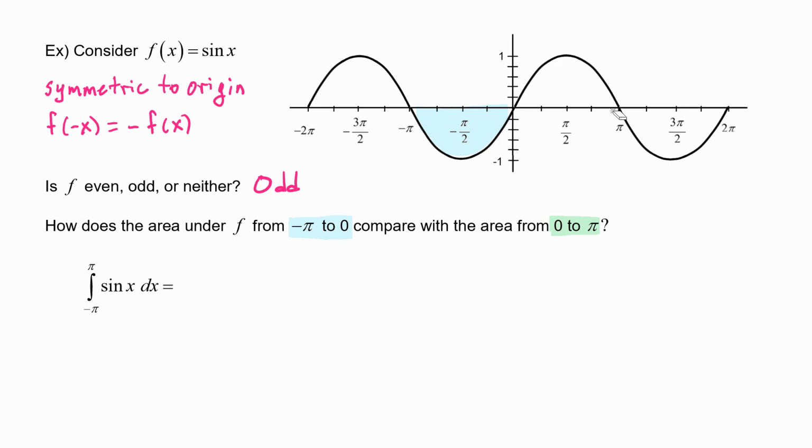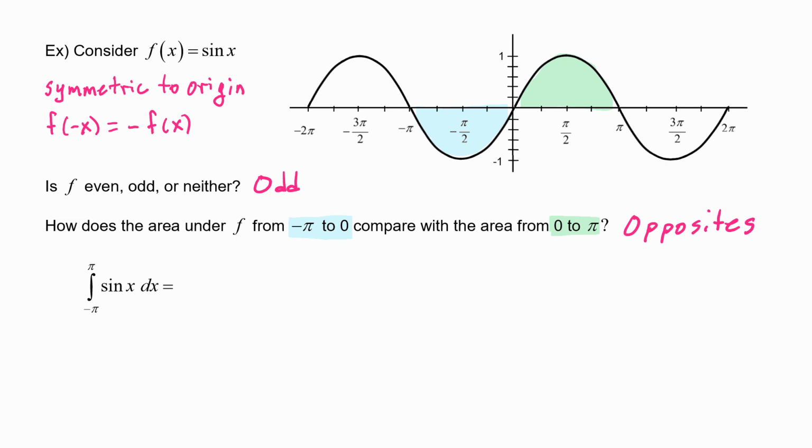And from 0 to pi, here's the area under that curve. And we notice that those two areas are just opposites. The shapes are the same, but the net area here is going to be negative, where the net area here is positive. Other than that, they're exactly the same magnitude.